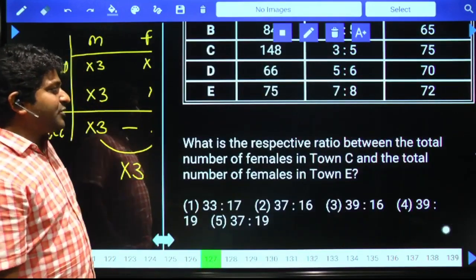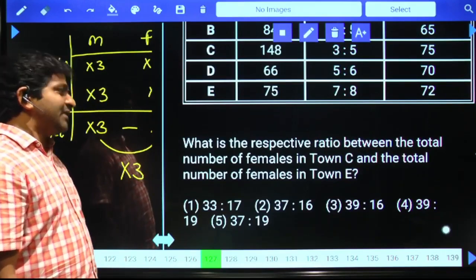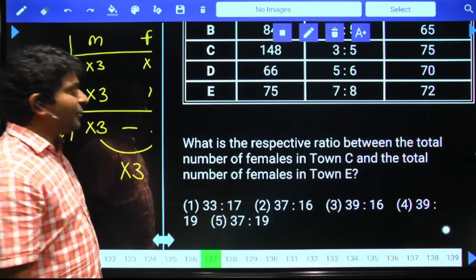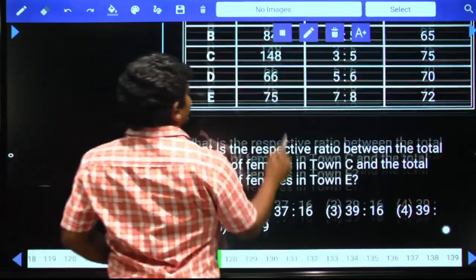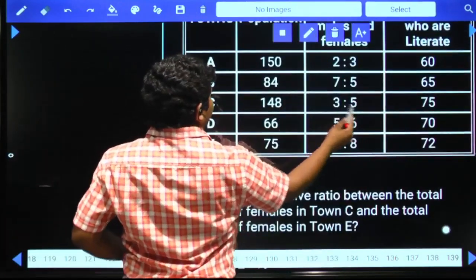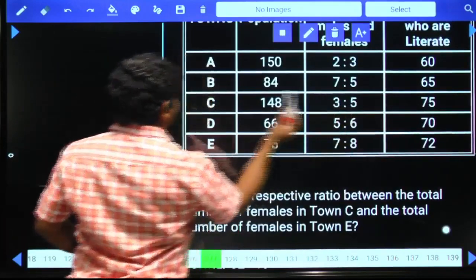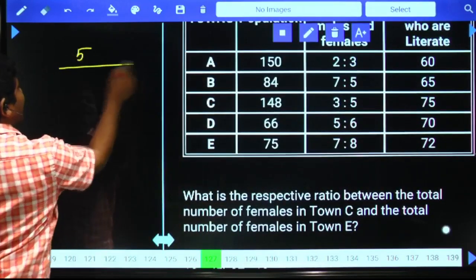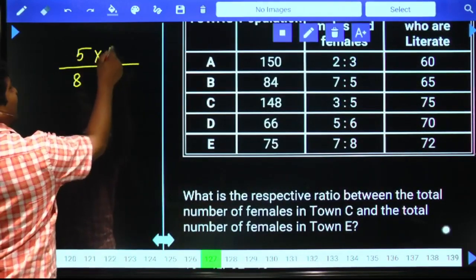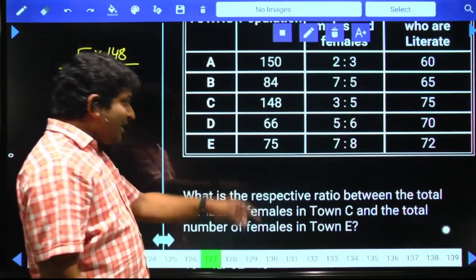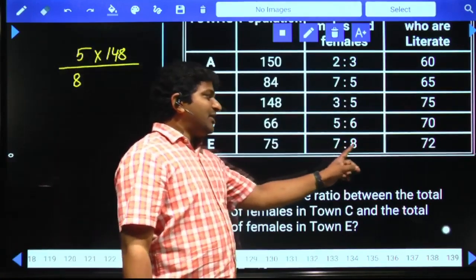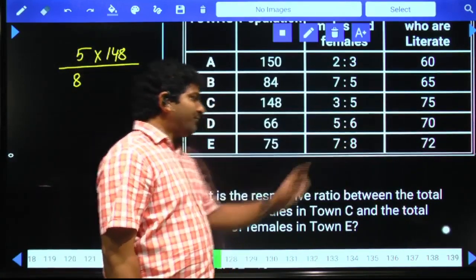What is the respective ratio between total number of female in town C and total number of female in town E? C and then E. Now, let's see. Here, male to female ratio in C is 3:5. So, female are 5 parts out of 8 parts among 148,000. And then E also, 7:8. Female are 8 parts out of 15 parts.